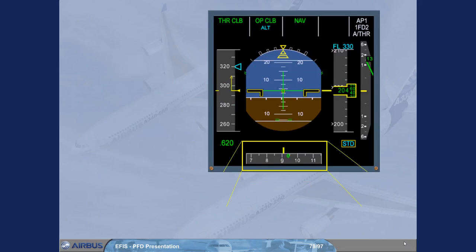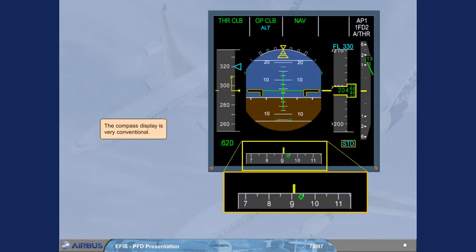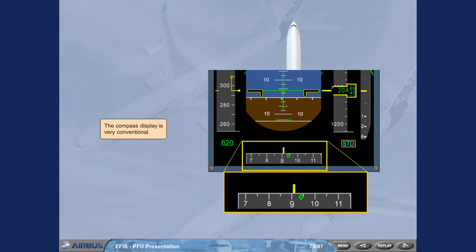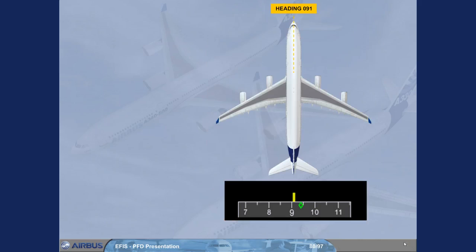The compass display is very conventional. The grey scale moves against a fixed yellow line which represents the center line of the aircraft. In the example shown, the aircraft is heading 091 degrees.